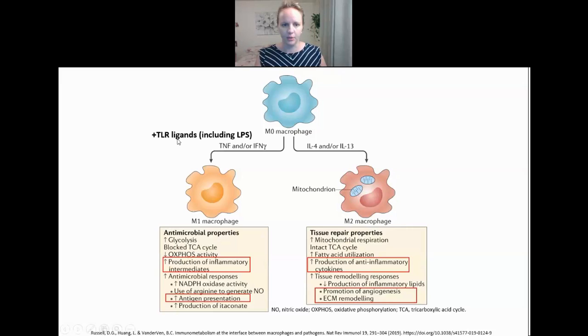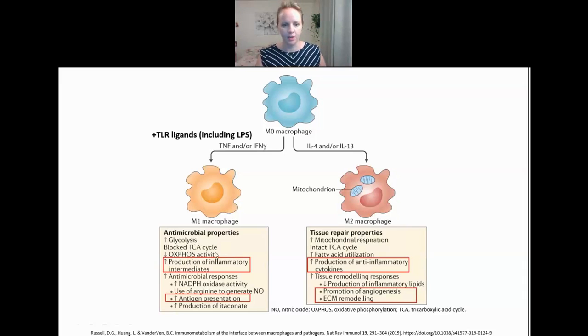In response to TLR ligands and LPS, we've got TNF alpha, tumor necrosis factor alpha, or interferon gamma. These are your typical inflammatory, infection signaling cytokines and growth factors that will push the macrophage towards an M1 antimicrobial phenotype, which is anti-tumor as well.